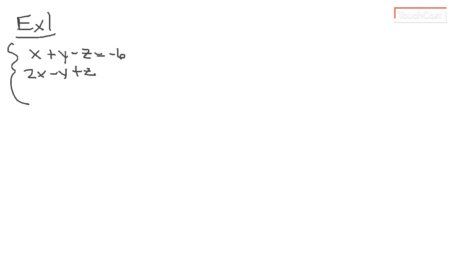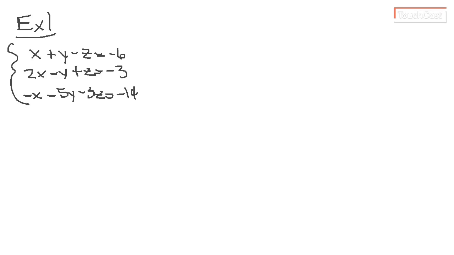Our first example, we are going to solve by using Gauss-Jordan elimination. So our system is going to be x plus y minus z is equal to -6, 2x minus y plus z is equal to -3, and -x minus 5y minus 3z is equal to -14.